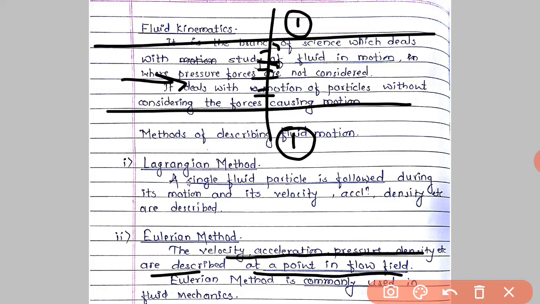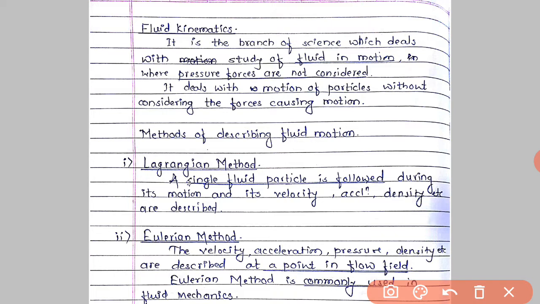So the Eulerian method is commonly used in fluid mechanics. This is a widely used method for describing fluid flow. Once again, the first one is the Lagrangian method, the second one is the Eulerian method. In the Lagrangian method, a single fluid particle is considered and followed during its motion, and we note down the velocity, acceleration, density.